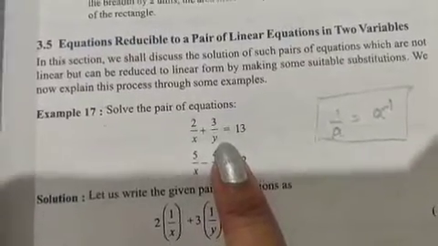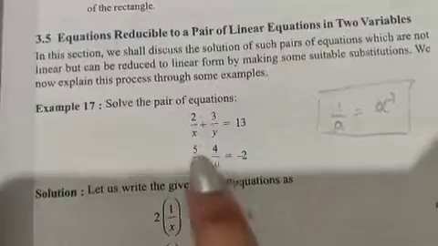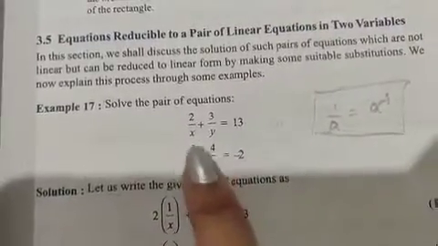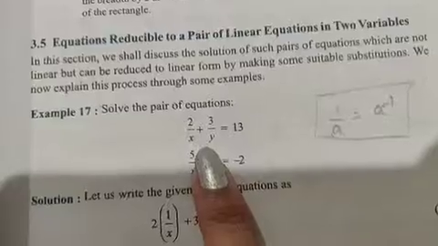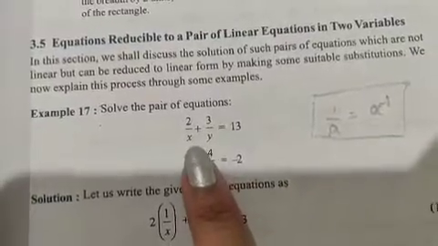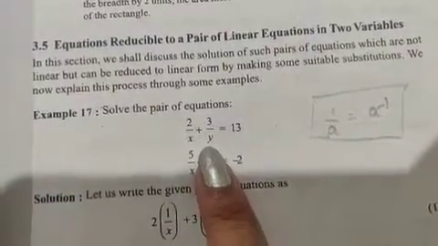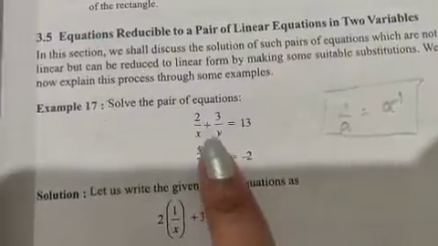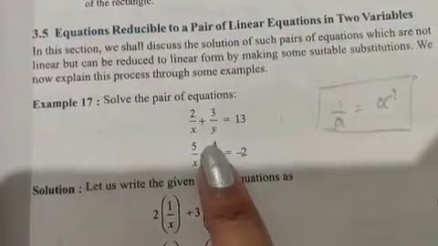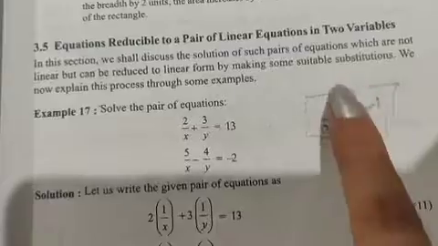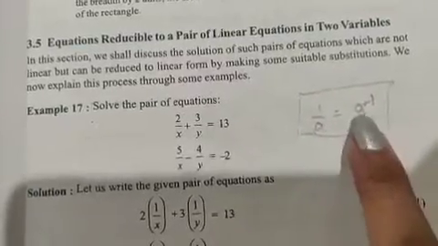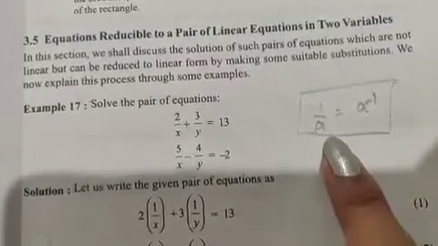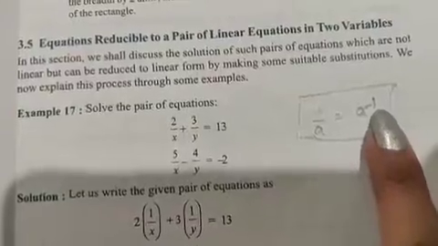After removing them from the denominator, their power will become minus 1: x to the power minus 1 and y to the power minus 1. So this equation is not a linear equation. This is the law of exponents: 1 upon a can be written as a to the power minus 1.